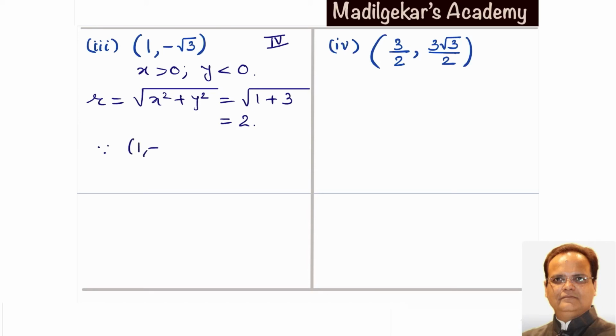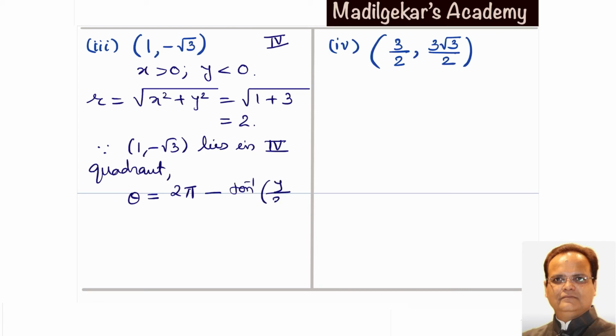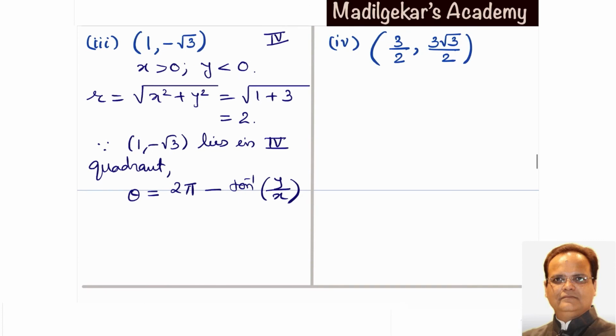Since 1 minus root 3 lies in fourth quadrant, what is the formula to find vectorial angle? Yes, it is 2 pi minus tan inverse y by x. That is 2 pi minus tan inverse, though y is negative, but while replacing in the formula, we replace y to be positive only.